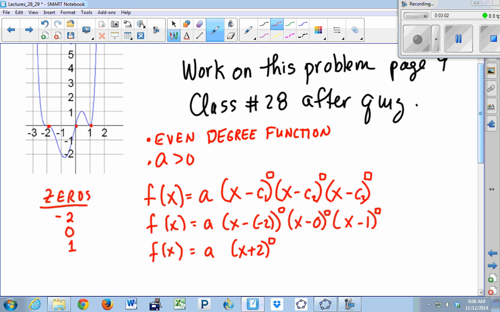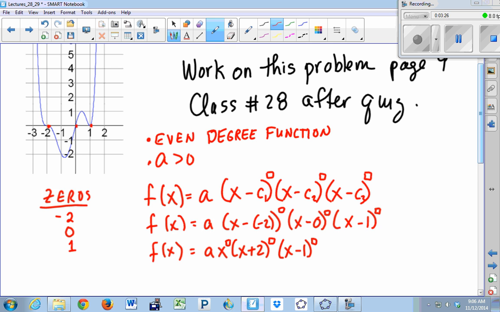X take away 0 I can write as x, so that simply goes out front. And then I have x minus 1 to some power right there. Okay, so now the only thing, oops, and I still have to put x plus 1 with a little box there.